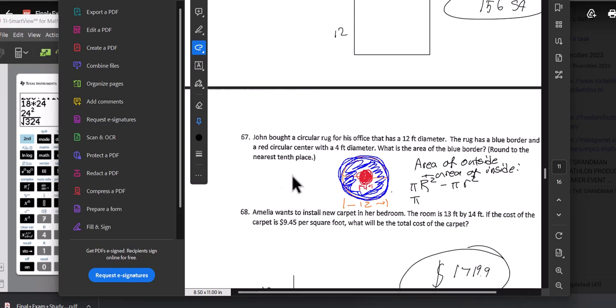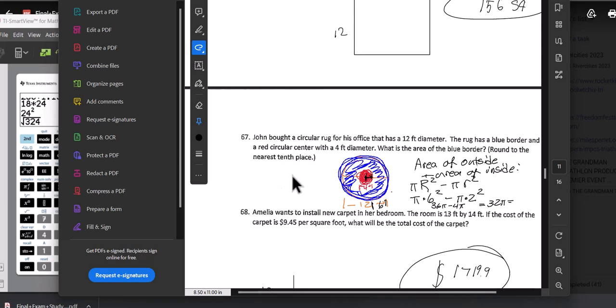The radius of the outside is 6, so pi times 6 squared, because 6 is half of 12, minus pi times the radius of the inside, which is half of 4, so that's 2, so times 2 squared. So that's 36 pi minus 4 pi, which is 32 pi.